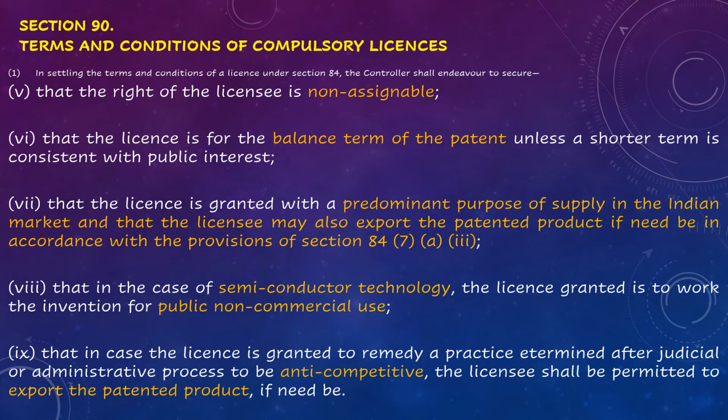Next point, in case of semiconductor technology, the license granted is to work the invention for public non-commercial use. Next point, in case a license is granted to remedy a practice determined after judicial or administrative process to be anti-competitive, the licensee shall be permitted to export the patented product if there is any need.